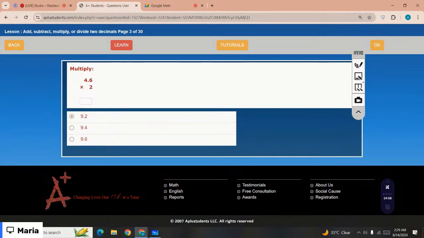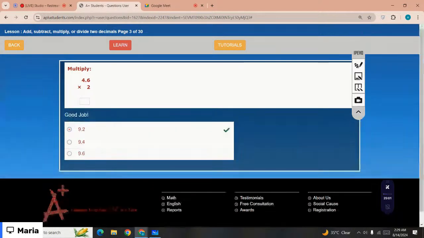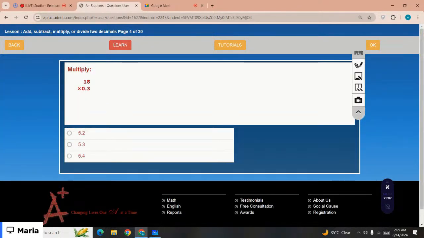Option number 1 is the correct option. The next one is 18 times 0.3.